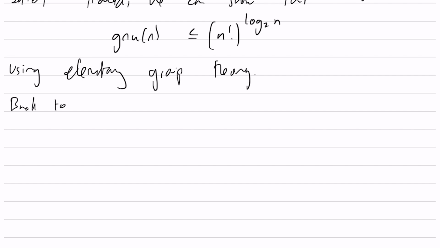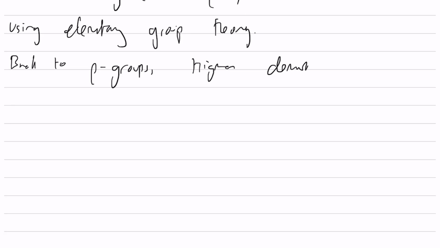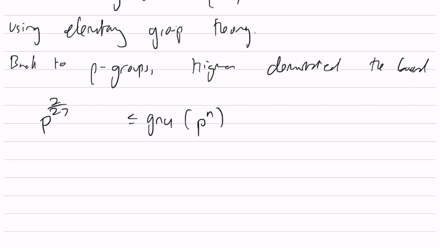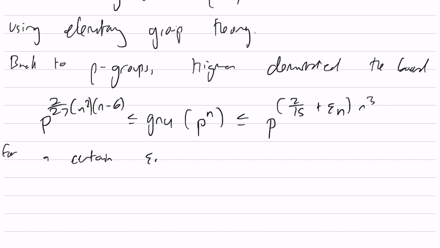Back to p-groups, Higman demonstrated the bound: the group number function of order p to the n is certainly greater than p to the 2/27 n squared (n minus 6), and it's less than p to the (2/15 plus epsilon n) n cubed, for a certain sequence epsilon n that tends to 0 as n tends to infinity.